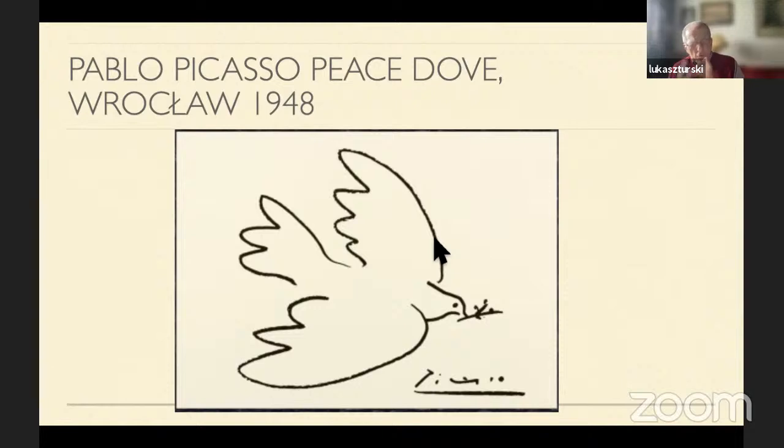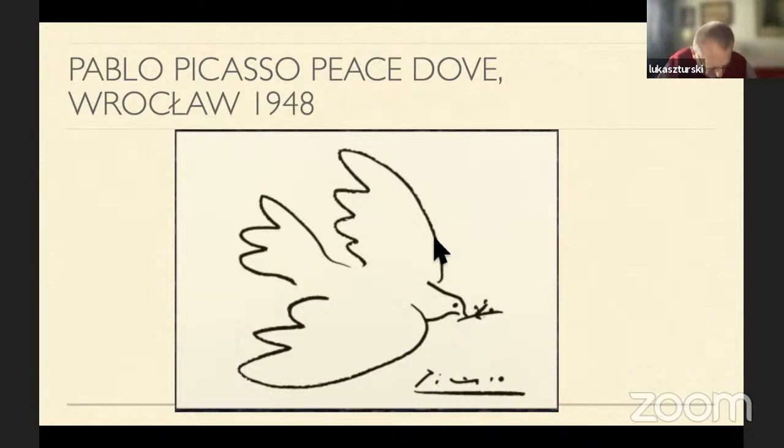And he enjoyed apparently immensely that trip by plane. And when he arrived in Wrocław, the organizer asked him to draw something which will be a symbol of that fight for peace.